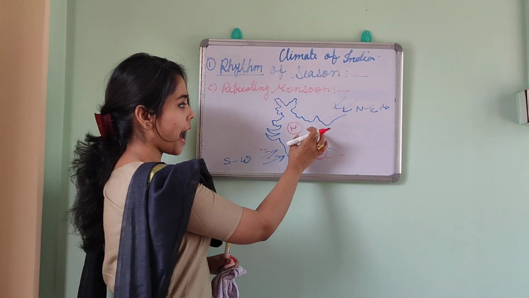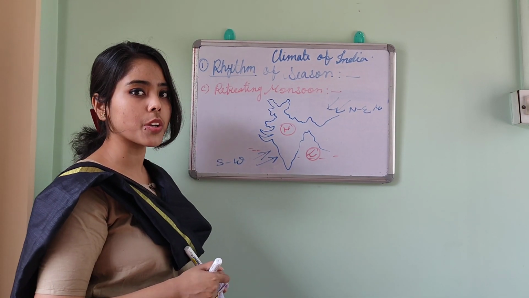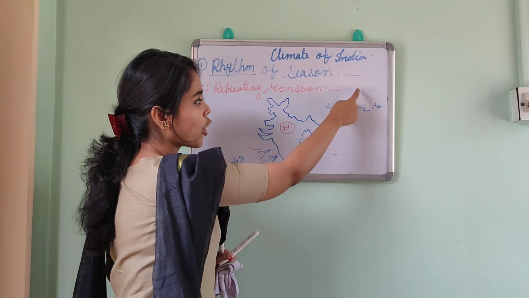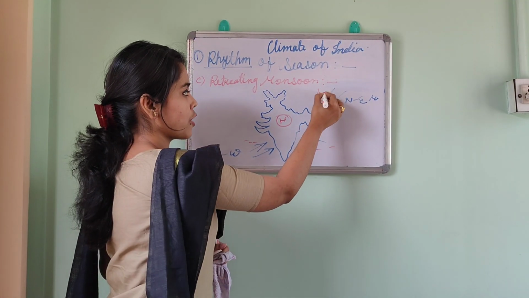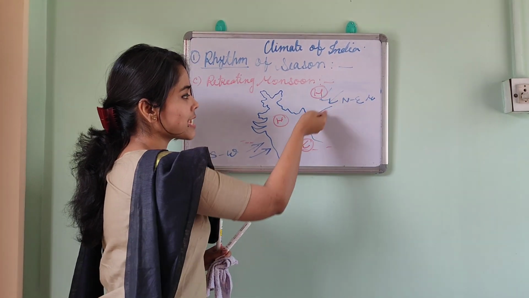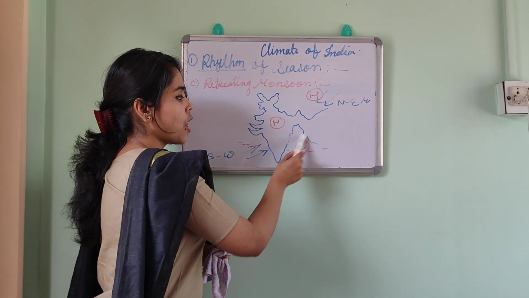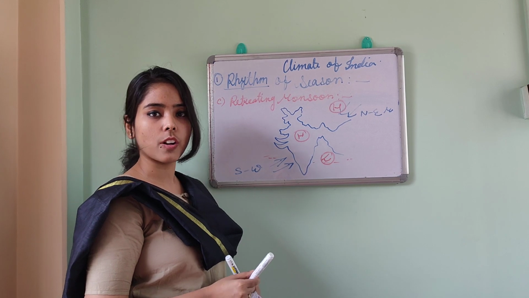Done? So from high pressure to low pressure, the wind will blow. We already know the theory. Like this, the northeast wind is coming from the landmass area. That means from the high pressure area. Here also high pressure. So automatically the northeast monsoon will come and it will fulfill this region, that is the Bay of Bengal zone.